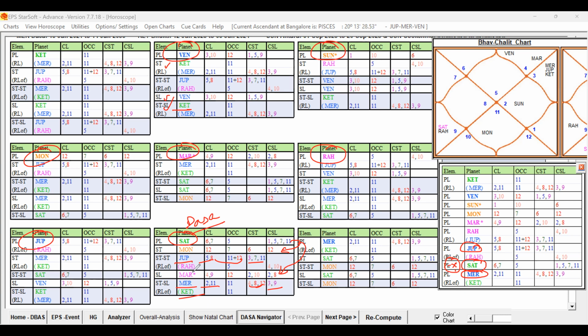The role of Jupiter or Mercury, they are playing a role as a second planet or the 12-level planet. Importantly, the role of Saturn is missing. Saturn is not there. And Sun, if you take it, Sun is not a good key planet. Star Lord Rahu is also not very strong. They are okay, but this is not very strong because Saturn's role is not there.